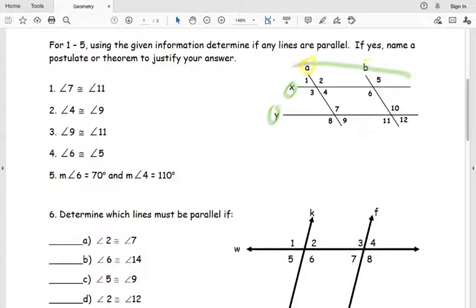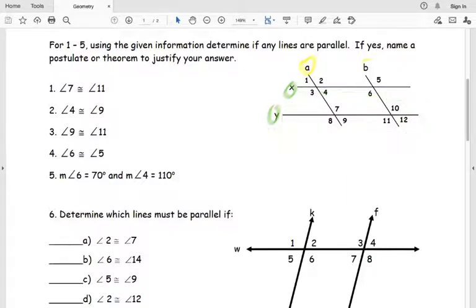If you look at these angles, they're formed by lines A and B and transversal X, and they have a relationship with each other. And then if you look at these angles right here, they're formed again by lines A and B but transversal Y, and they have a relationship with each other. Otherwise, if they're not in a circled group, they don't have a relationship with each other.